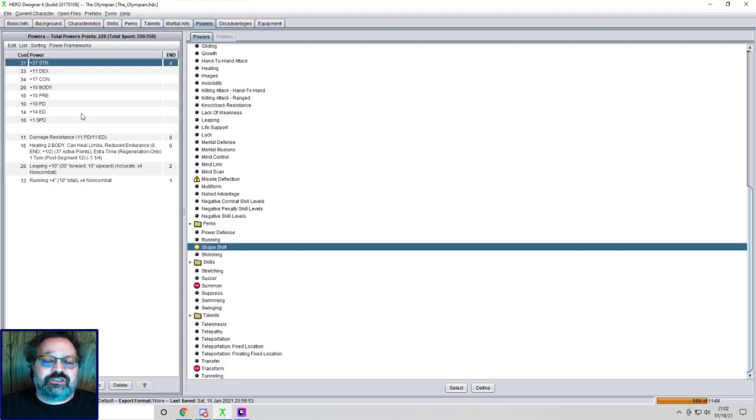Multiform, a lot of people also think that it gives you two forms, that Jimmy Smith and the Olympian could be seen side by side. They cannot. You can be one or the other at any one time. If you were Dinosaur Boy, you could be the normal human or any one of the dinosaur forms at one time, but you could not have all of them out in the open.